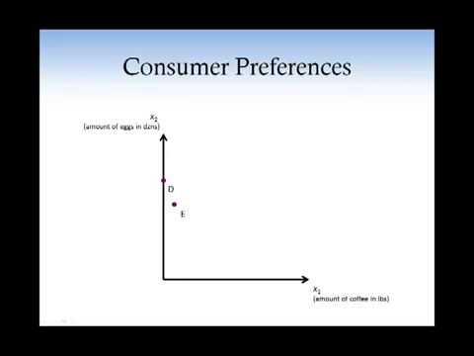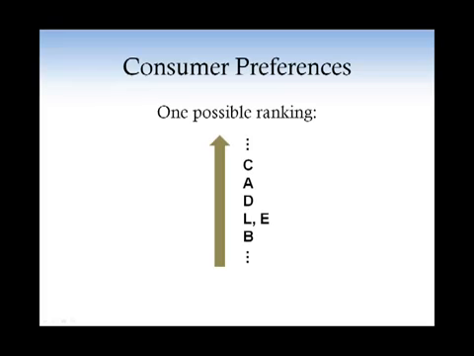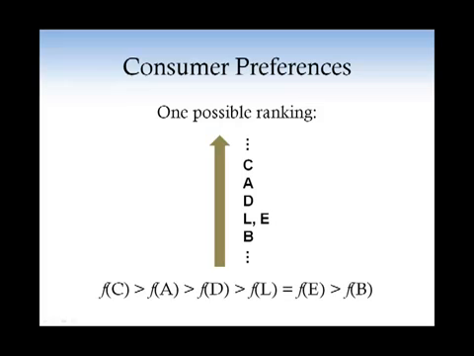Now think about it. Having a ranking is pretty much like having a function that represents this ranking. What do you mean? Well, C is ranked higher than A. This means that Mary likes the basket C better than the basket A. And the function calculated at C has a value that is higher than f of A, the function calculated at A. Also, the two baskets D and E have the same ranking.